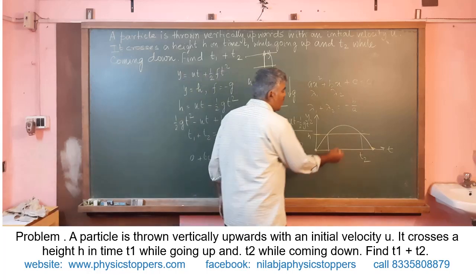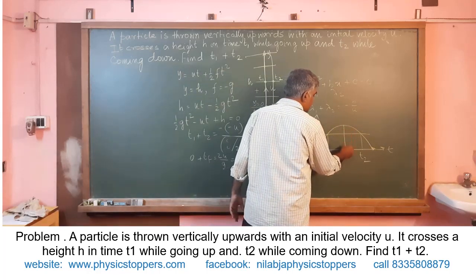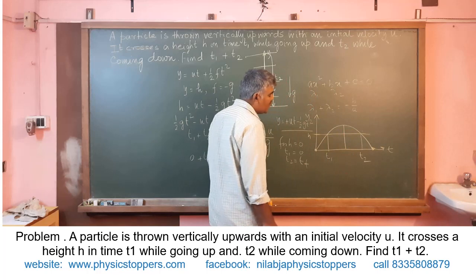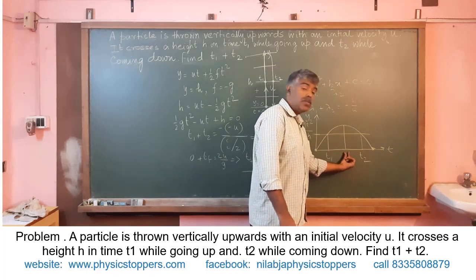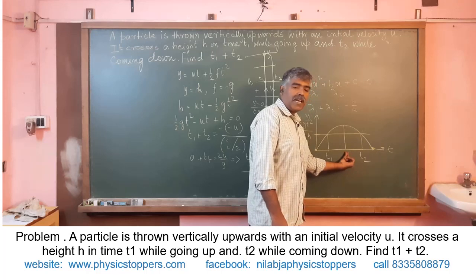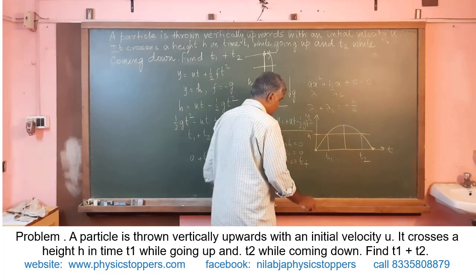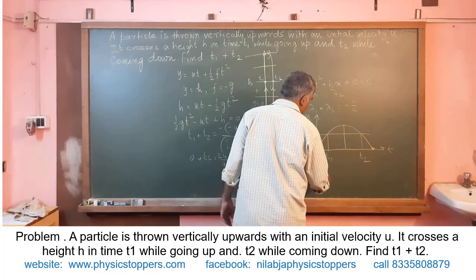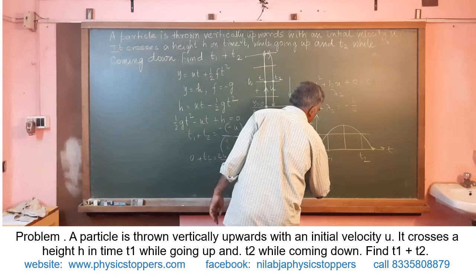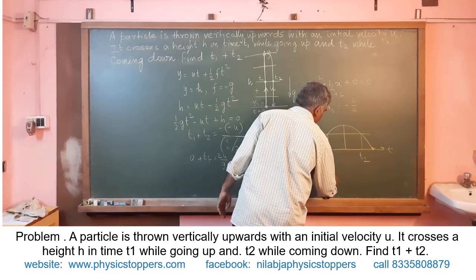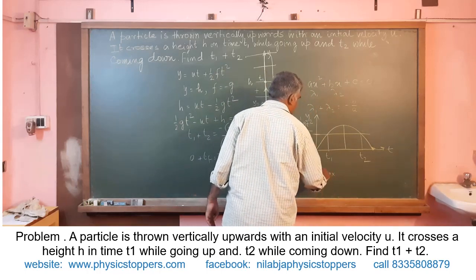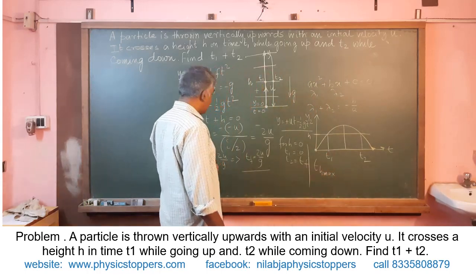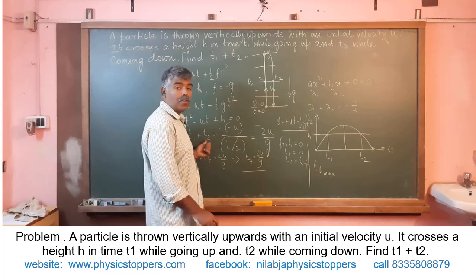Again, by symmetry, you can easily see that if t1 and t2 come close, that means the time taken to reach the maximum height, which we can call t h max, is both t1 and t2.